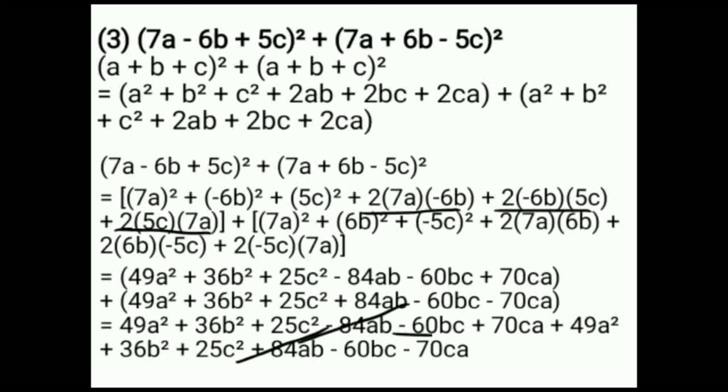Minus 60bc, minus 60bc: you have to add, because two negative equal numbers are there. If two negative equal numbers are there, you have to add, and the answer is negative. 60 plus 60 is 120bc, so the answer is minus 120bc. Plus 70ca minus 70ca get cancelled, because 70 minus 70 is 0.